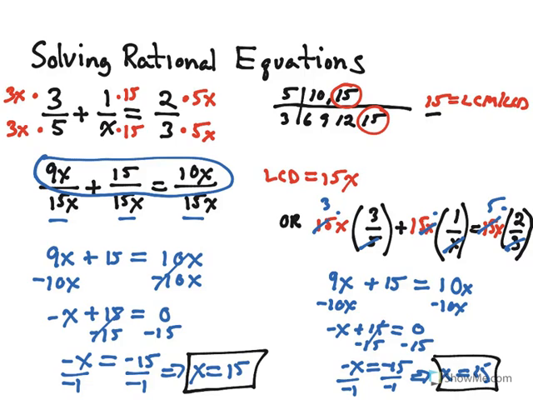So you have alternative methods here. Some instructors will show you one way, some will show you another. That's why it's a good idea to learn one method first really well and then explore the other method, because not everyone's going to teach it identically. So we have to make sure we realize that. And that's the solution, x equals 15.